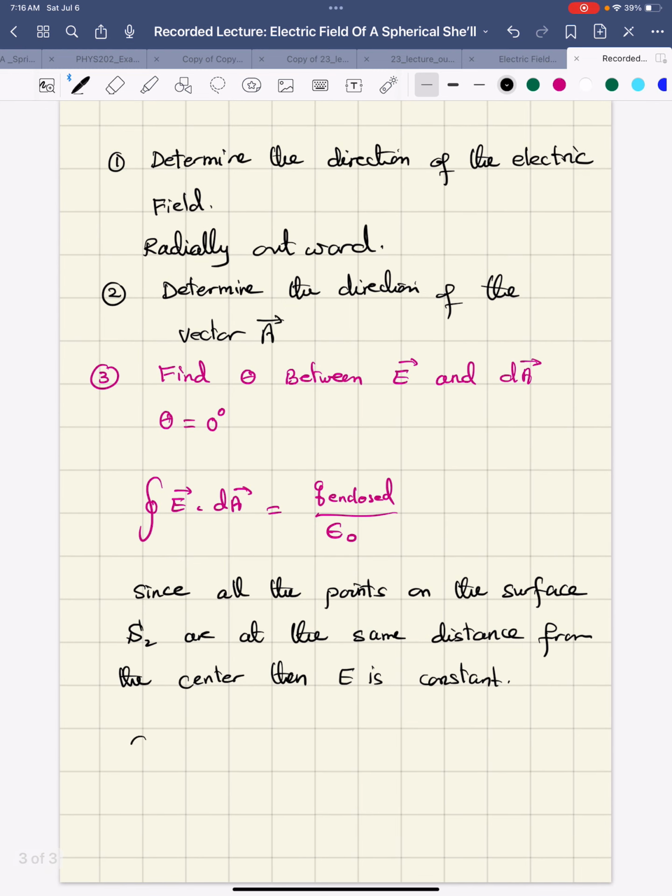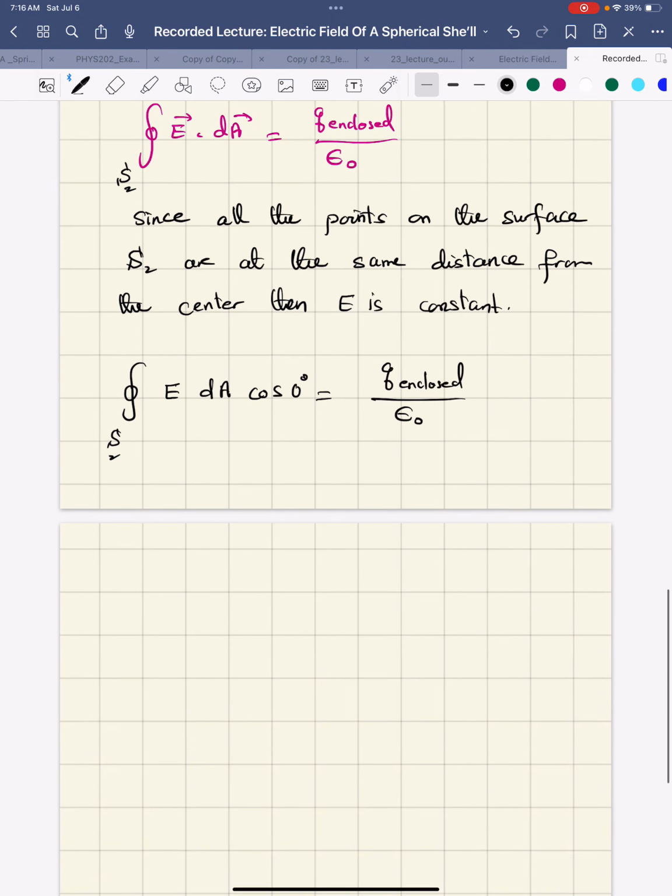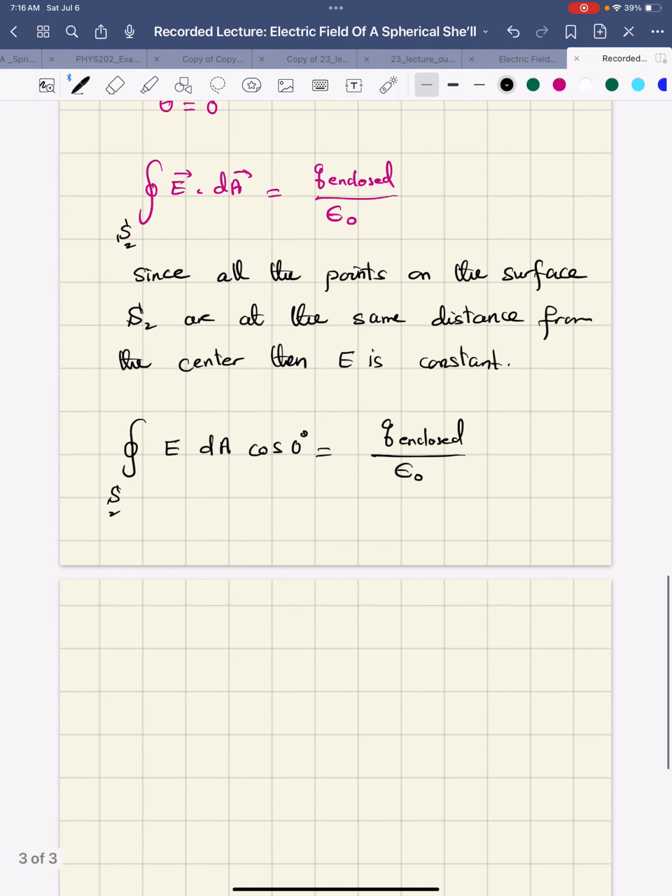Here, for surface 2, this is going to be the integral of E dA cosine 0 equals Q enclosed divided by epsilon 0, and cosine 0 is 1, and we said E is constant.